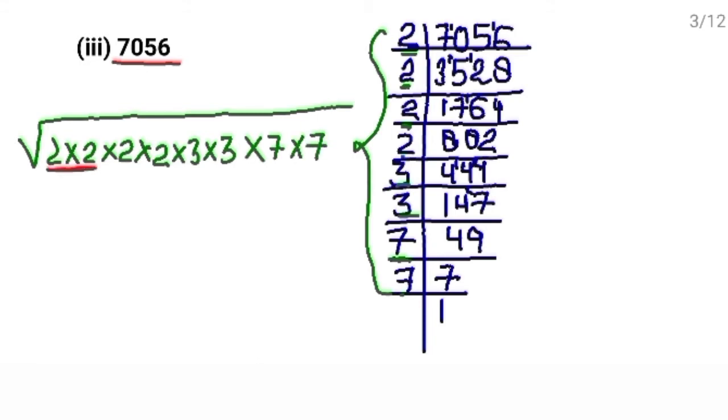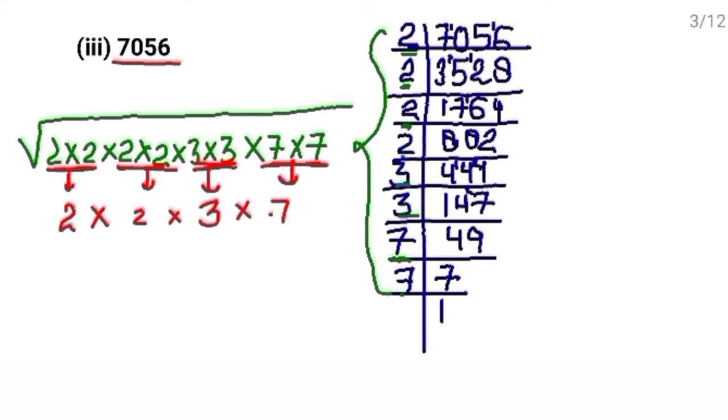Now make pairs of similar digits. 3 and 3, 7 and 7. From each pair take a single digit. 2 from this pair, multiply. 2 from this pair, multiply. 3 from this pair, multiply. 7 from this pair. Multiply them. 7 threes are 21. 21 twos are 42. 42 twos are 84. So this is your answer.